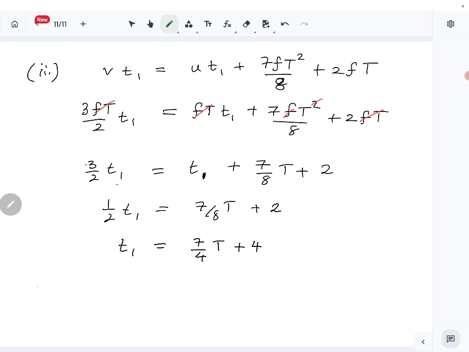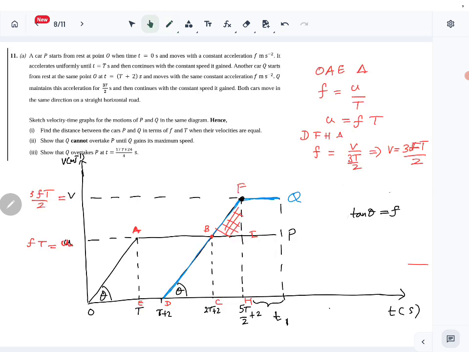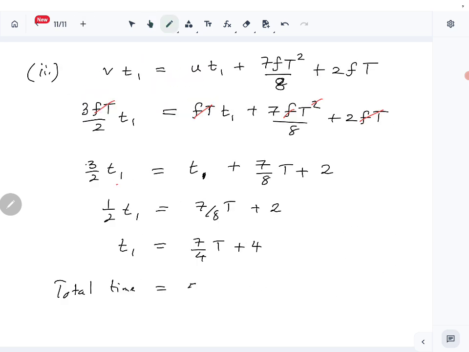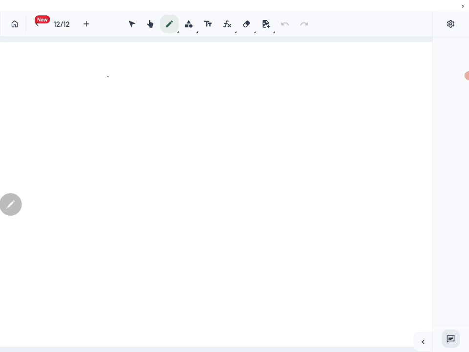So then the total time until Q catches up to P is what? Total time is 5t over 2 plus 2 plus t1. So 5t over 2 plus 2, plus 7t over 4 plus 4.